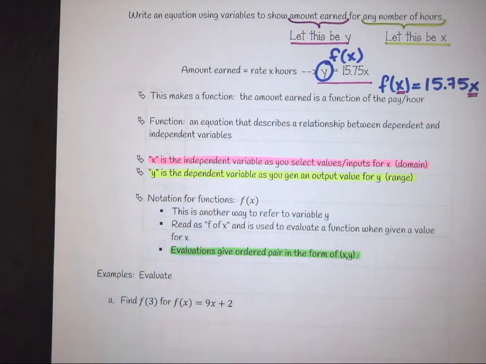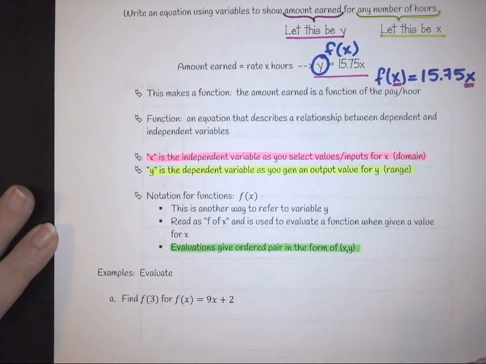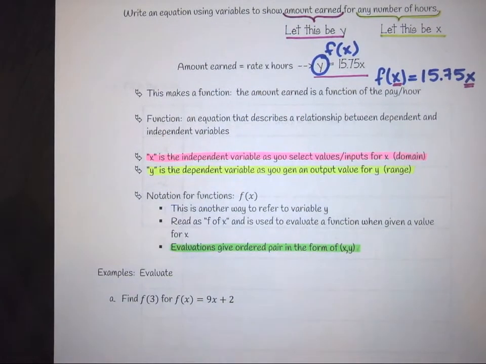So x is the independent variable because you choose your values of x in order to dictate values of y. We call this one our domain. Y then is your dependent variable because it is dependent on the values that you get when you plug x into your equation.